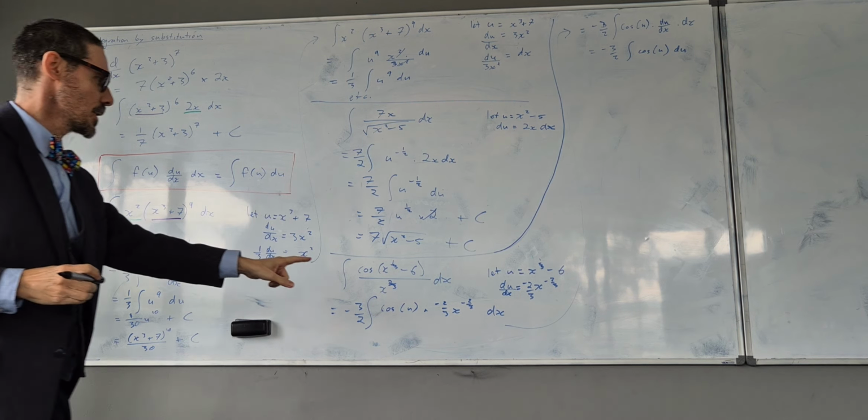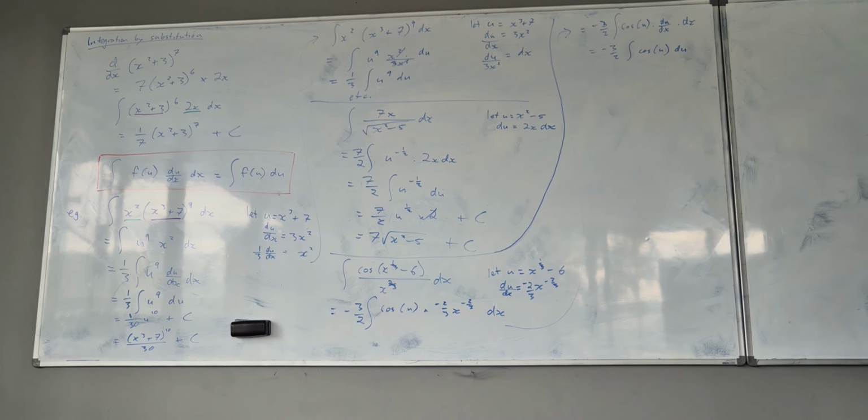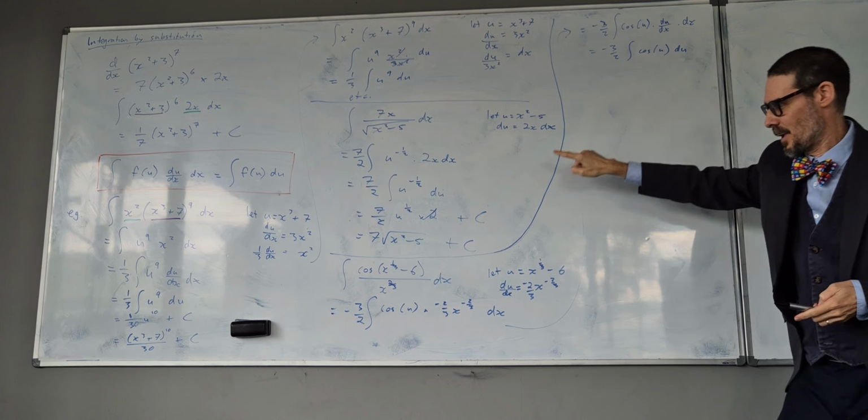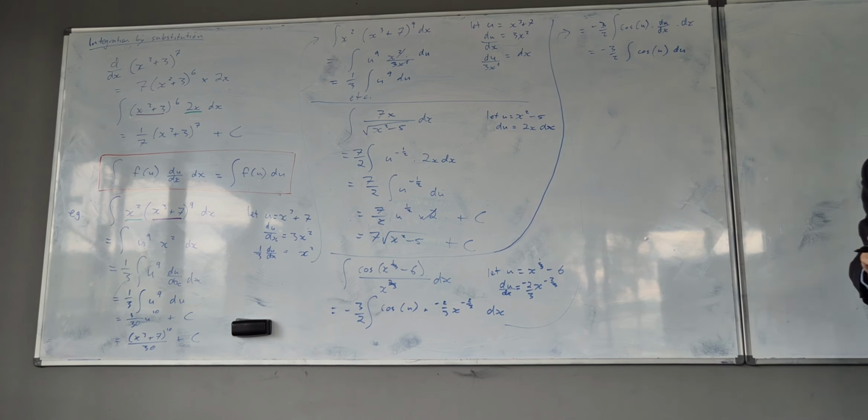And I've substituted x into my new variable u. Why? Because I can do this integral, but I can't do that. So I just turn it into one I can do.